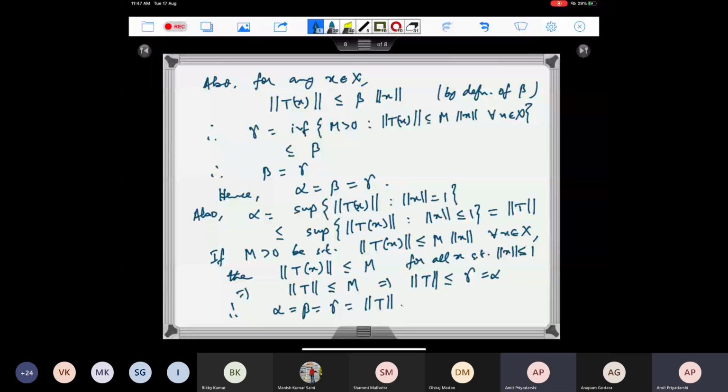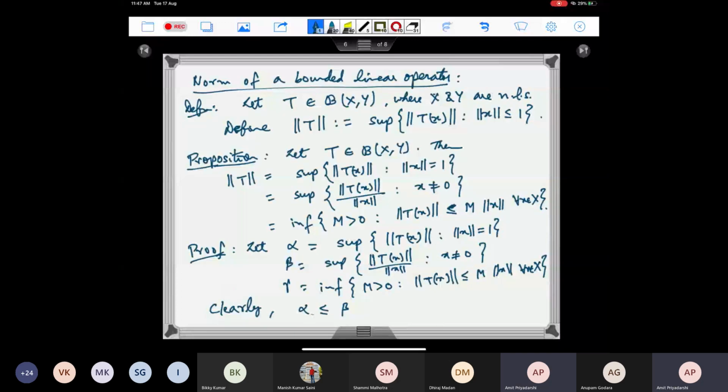So we have that norm T is equal to any of these four quantities. Either you take the supremum of norm Tx for norm x equal to 1, or the supremum of norm Tx for norm x less than or equal to 1, or you take the supremum of norm Tx by norm x for non-zero x, or take the infimum of all positive m for which norm Tx is less than or equal to m times norm x for every x.